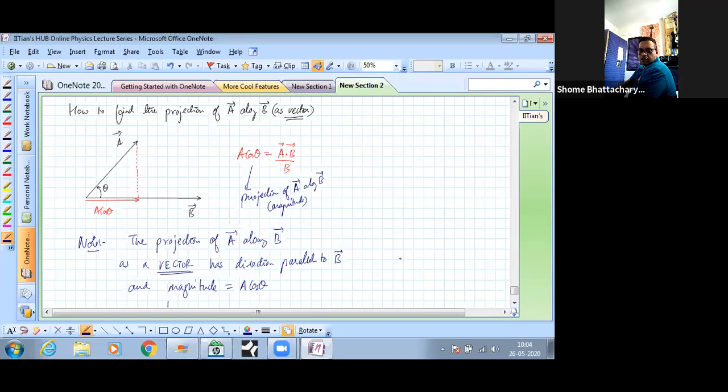Exactly, Saurabh, that's the correct thing you're saying. The unit vector gives it the direction, whereas A cos theta is its magnitude.